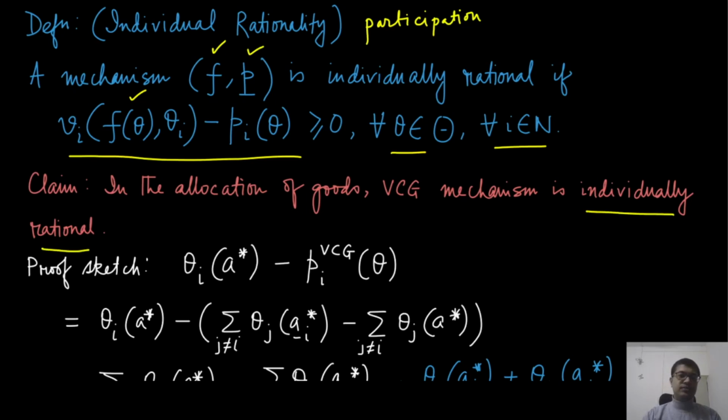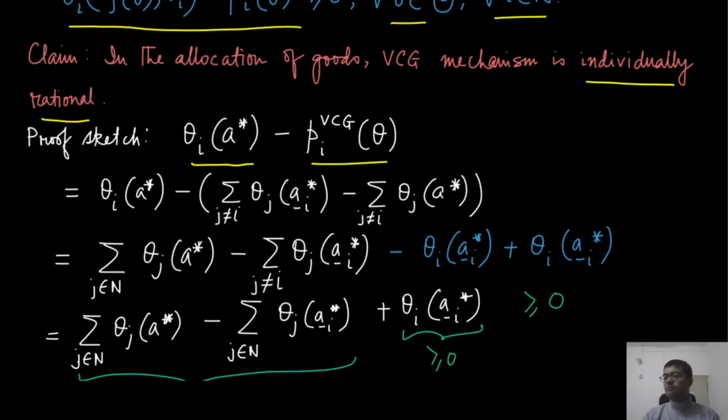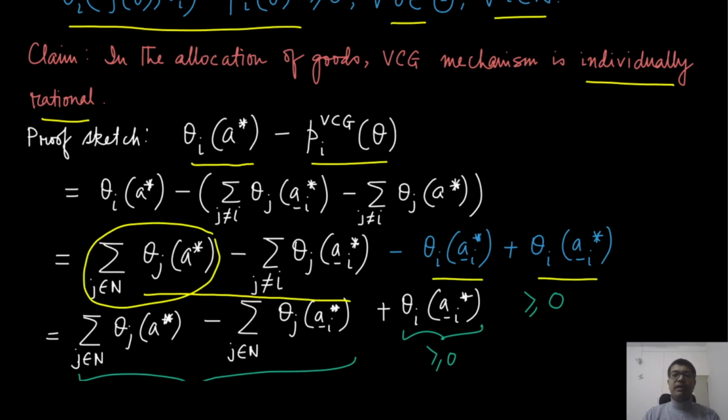So why is this true? Let's say we are looking at the utility of player I. We have the p I of VCG, payment of VCG. Now the rest of the thing is just standard substitution of the payments. So what we finally get is the social welfare at a star minus the social welfare except agent I. Now with that expression we are going to add and subtract one term, which is the theta I of a minus I star.